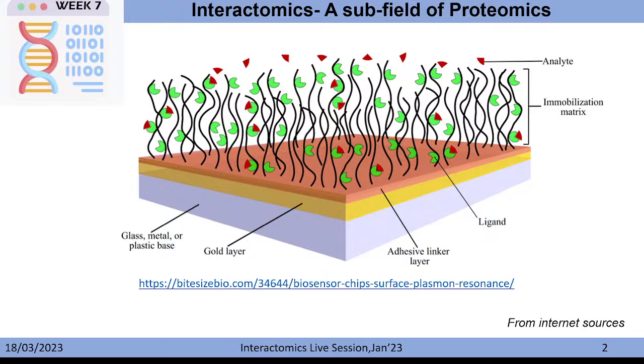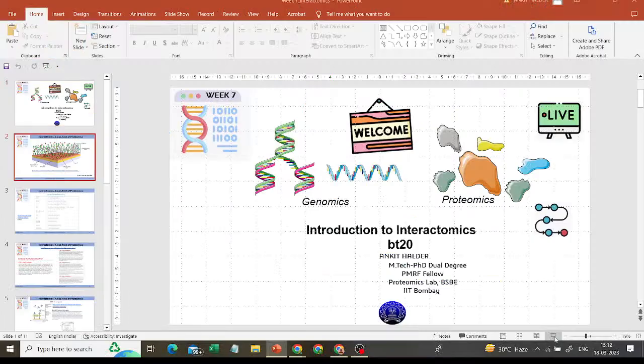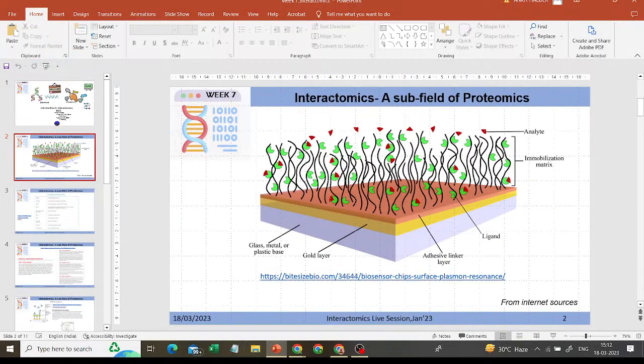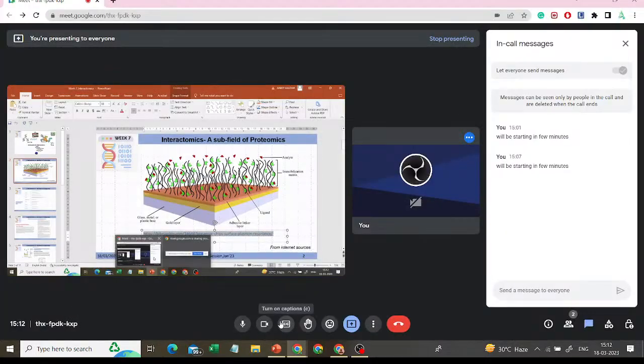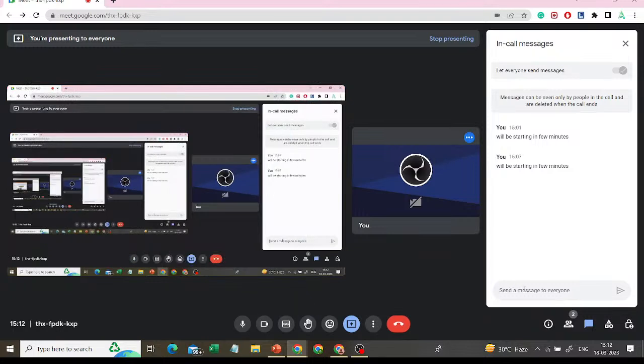Then the gold layer, where the light gets reflected for identification of the refractive index, and there is a glass, metal or plastic base. This is for the biosensor core chips. Let us go through the chip surfaces in a little more detail so that you can get a clear understanding.